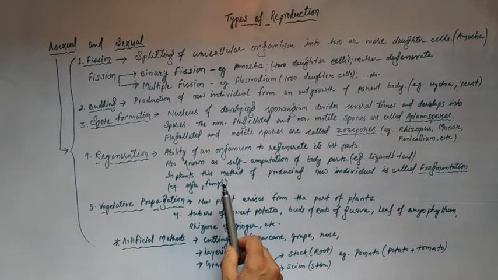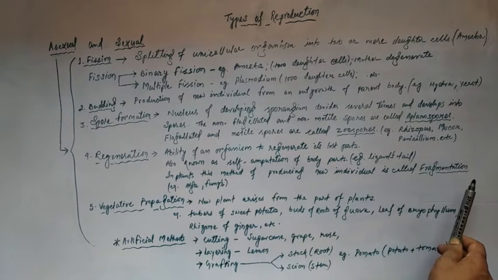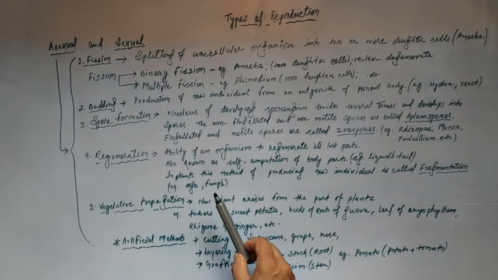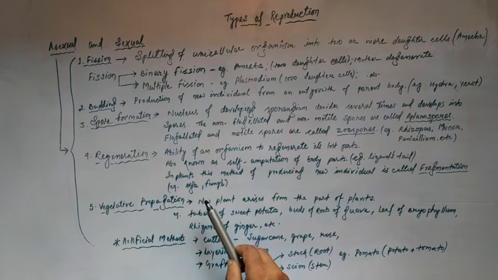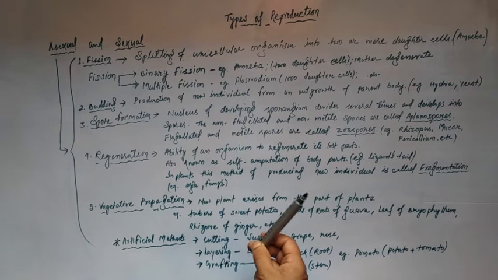In plants, this method of producing a new individual is called fragmentation. Example: Hydra and fungi. Example: alga and fungi. In alga, the nucleus has the capacity to regenerate the new part.